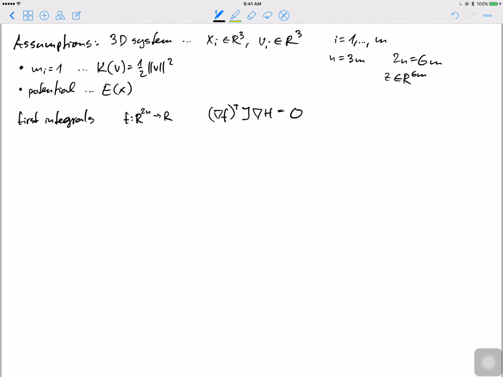That's how we defined the first integral last time. And we showed that the Hamiltonian itself is an example of a first integral that proves energy conservation under these assumptions. We also discussed linear momentum conservation.